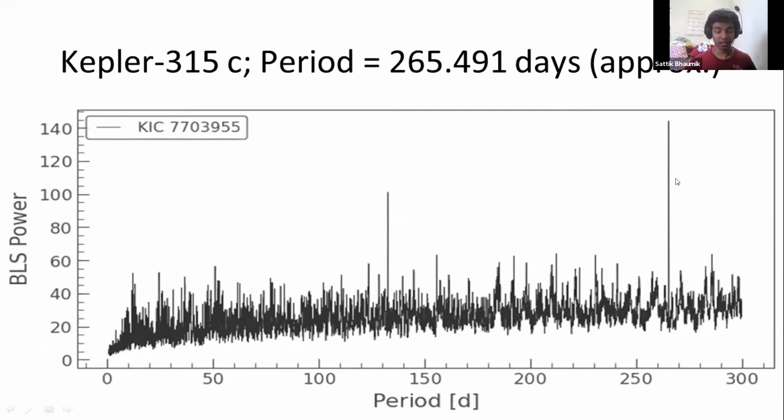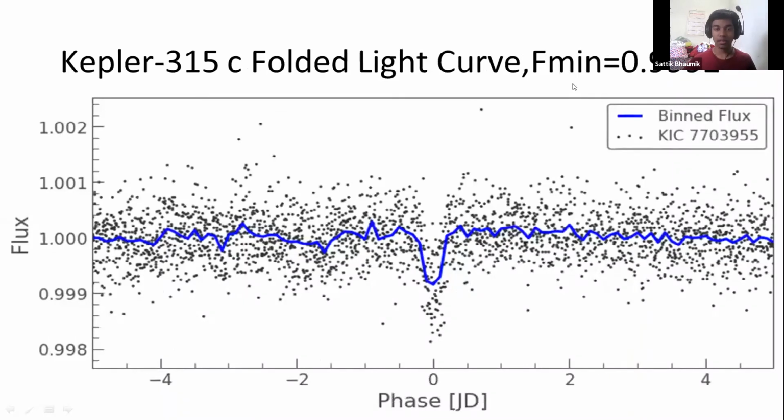This gives us an indication that yes, there is a second planet, Kepler 315c, with a period of approximately 265.5 days. To ensure ourselves again, we plot the folded light curve, and yes, we see it. You can apply the binned flux in any plot. This has been given here just to ensure, because some plots might not seem that good, as the flux dips might not be that significant.